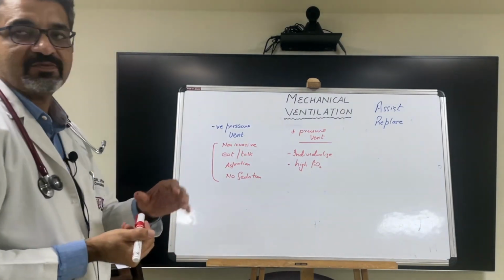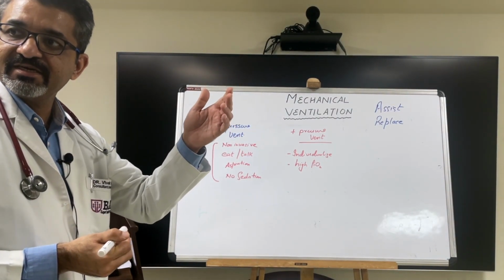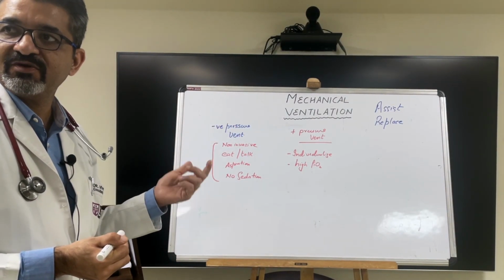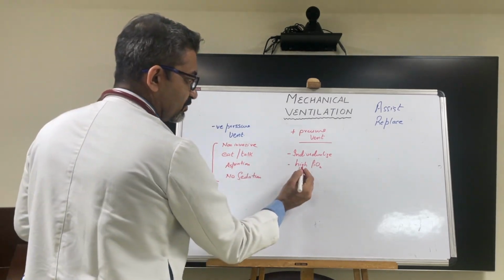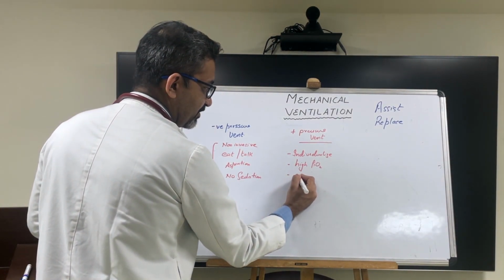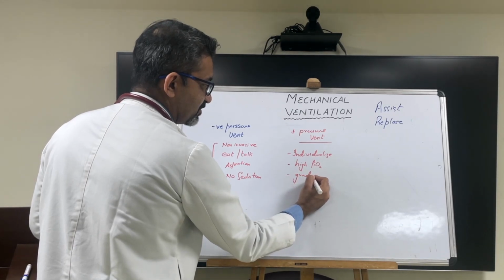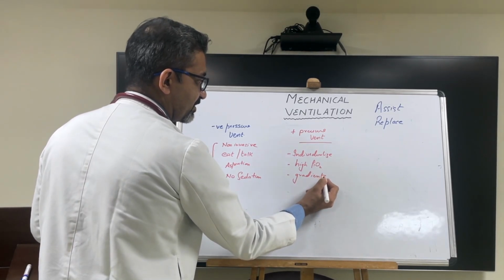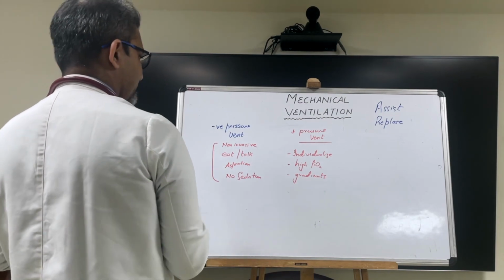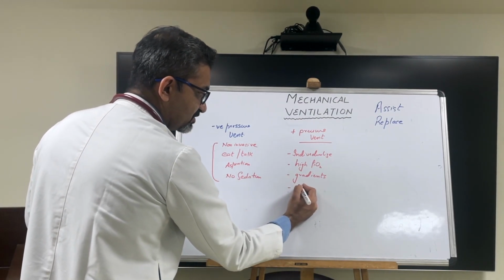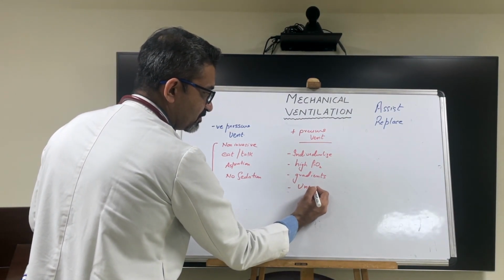You can fix pressure gradients. You can increase the gradient. In negative pressure, you can't. You have a fixed gradient. So you can have different gradients as per your requirement. High gradient can be generated or low gradient can be generated. Then it can be safely used in unconscious patients.